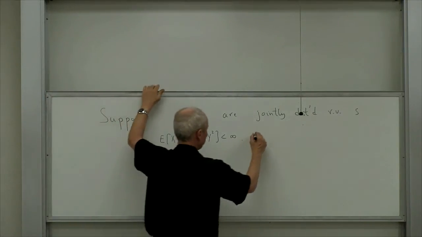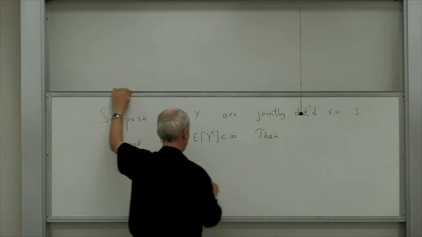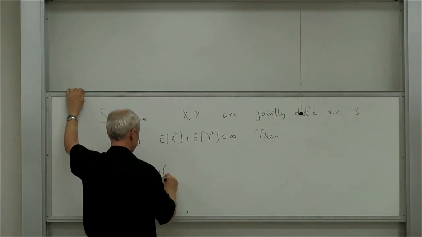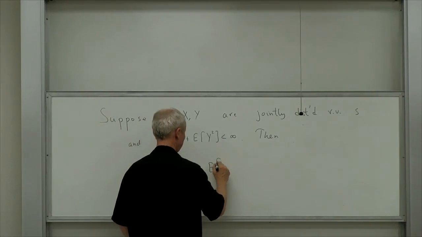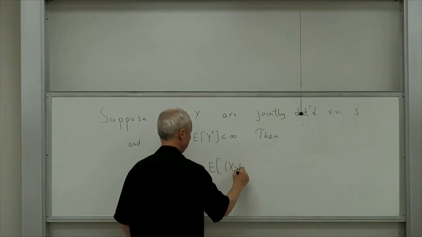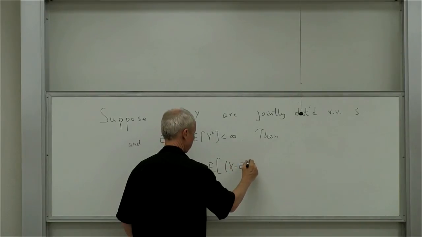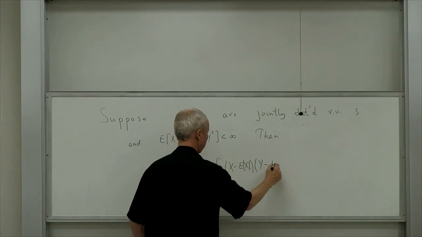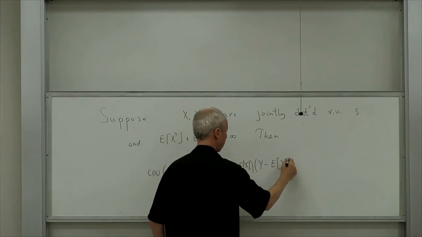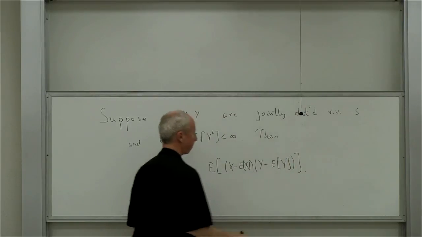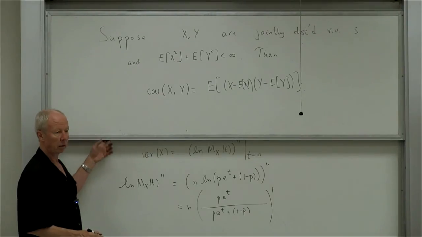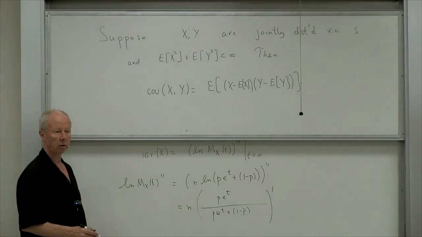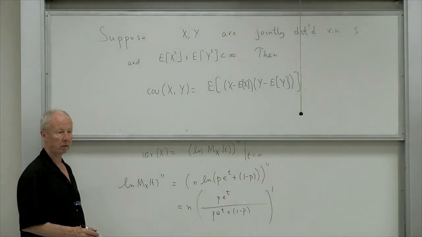Then the covariance of x and y is this thing. That's the definition of covariance.